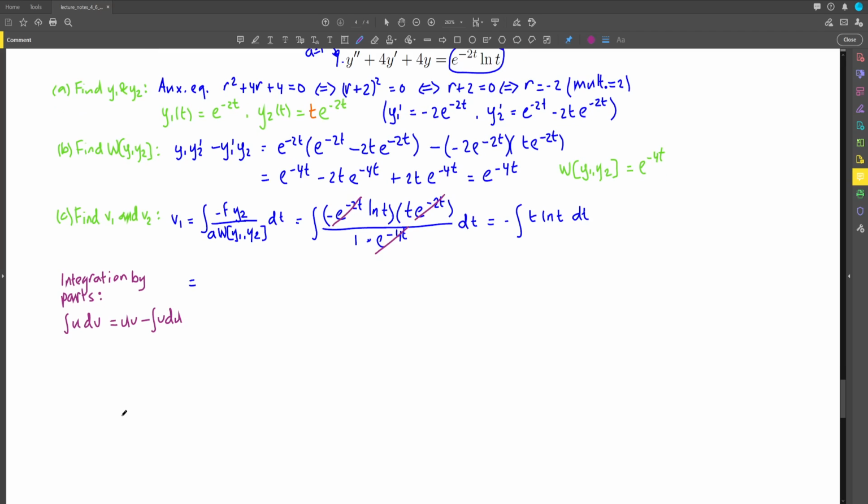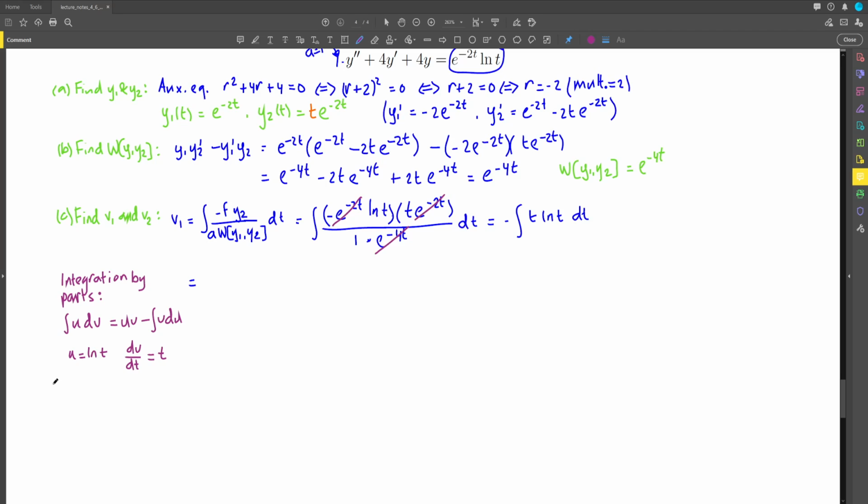Now, the way it works in this equation right here, we can let u equal ln t, and then dv/dt is actually the t. So we're going to let this be v' and this be u.